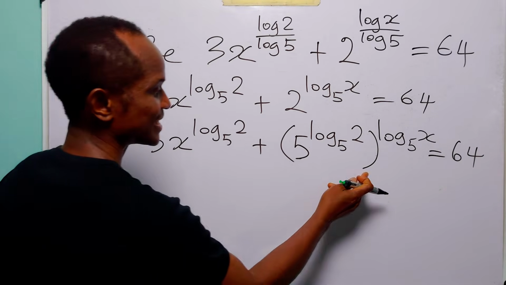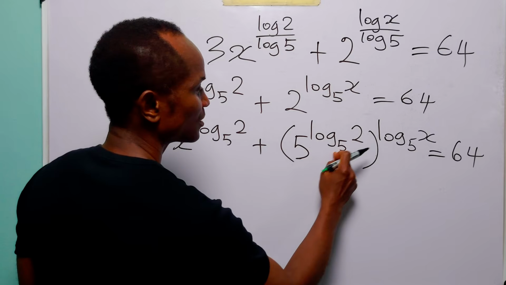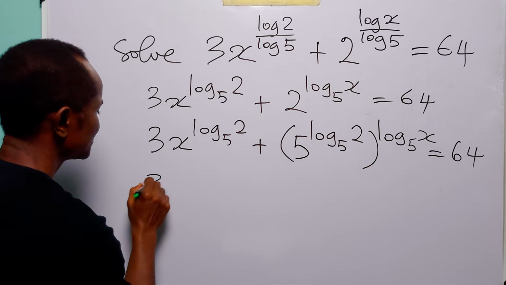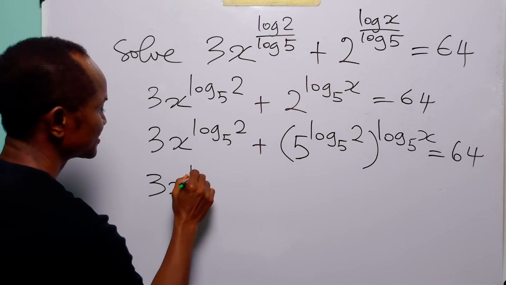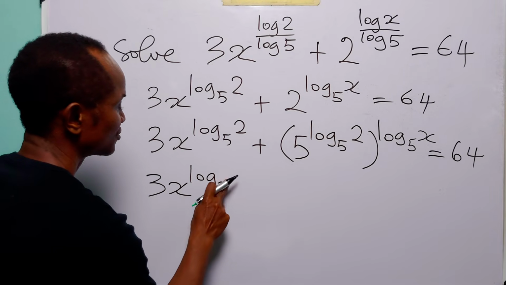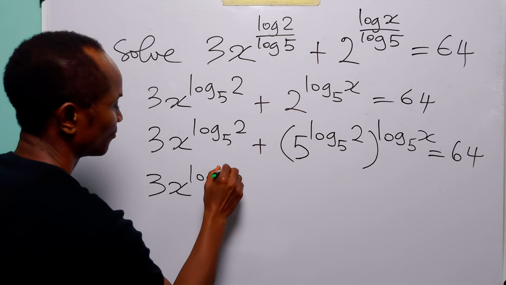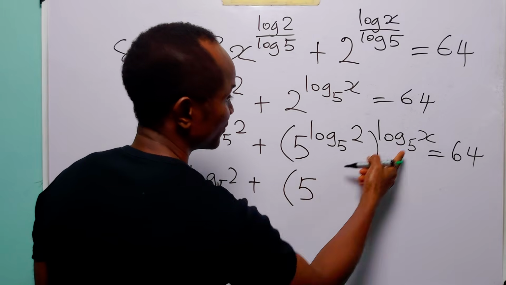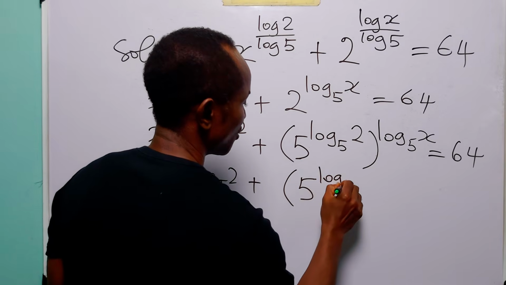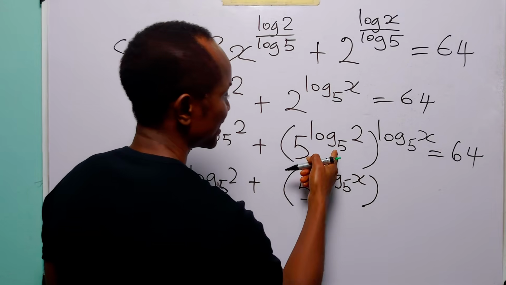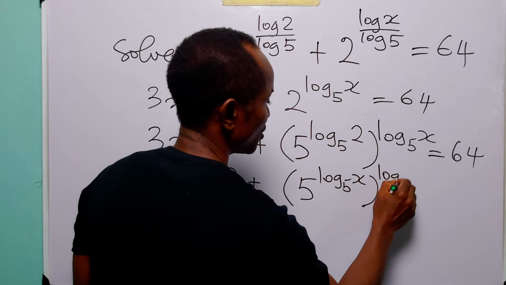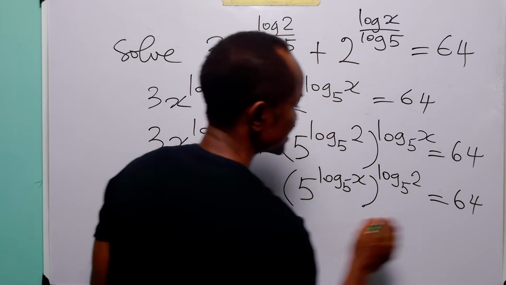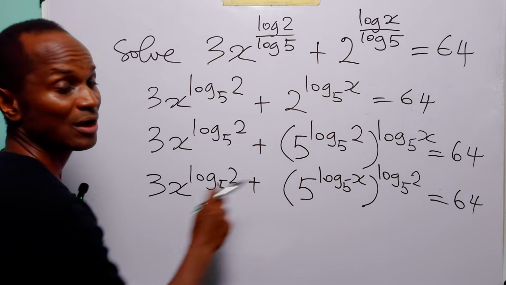But of course, you know that in situations like this, we can also interchange the powers. So when we do that, this equation becomes 3x to the power log base 5 of 2 plus 5 to the power log base 5 of x to the power log base 5 of 2 is equal to 64. But now look at this.